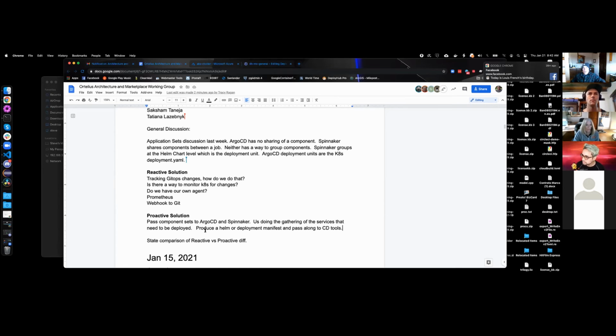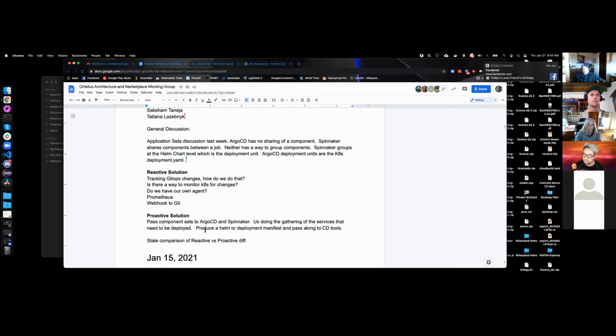Yeah, I think the events that you're talking about are going to be more on the reactive side. After somebody updates a deployment YAML and checks it into a Git repo, that Git repo is going to throw a webhook event so we know there's going to be an update coming to the cluster. But we don't know what that update was for.